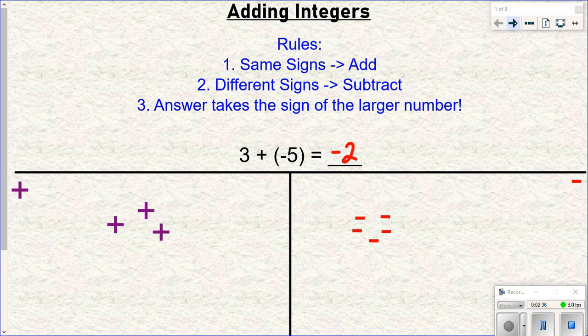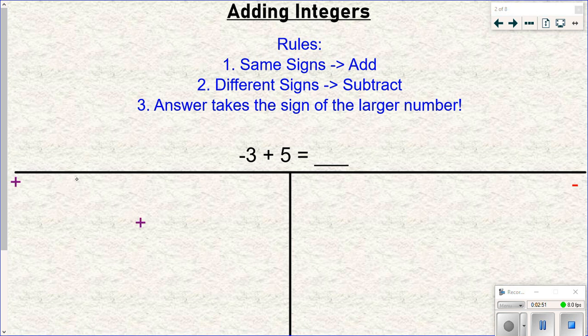All right, so let's look at another example. So -3 plus 5. So we're looking at 2 numbers with different signs. So that means we need to find the difference between these. And then we need to figure out who wins. Looking at it in terms of this, I have 5 positives, right? 3, 4, 5.